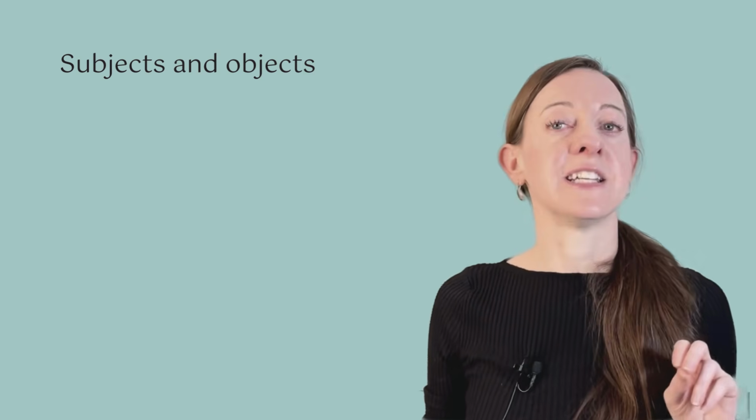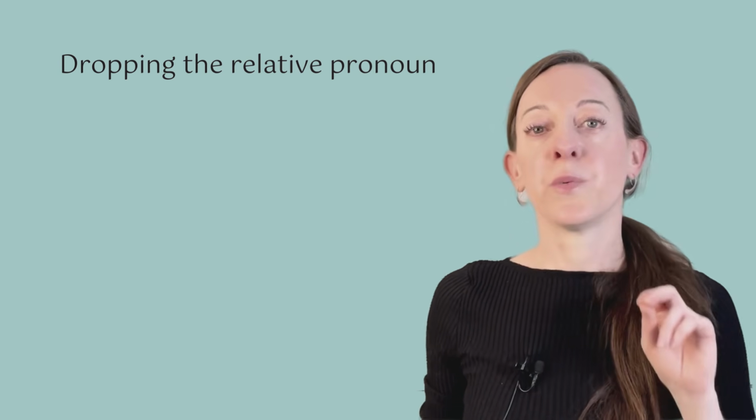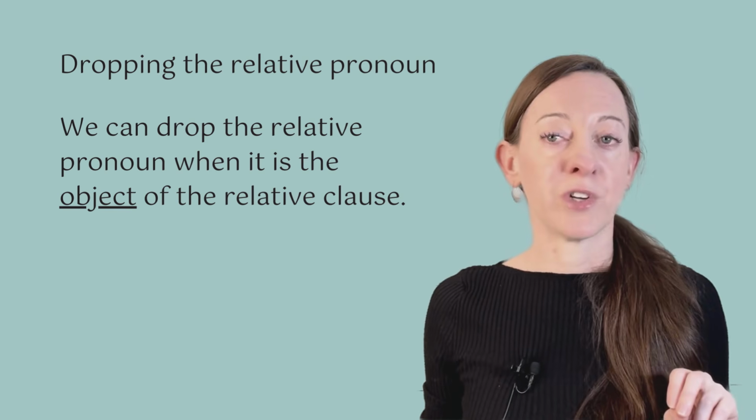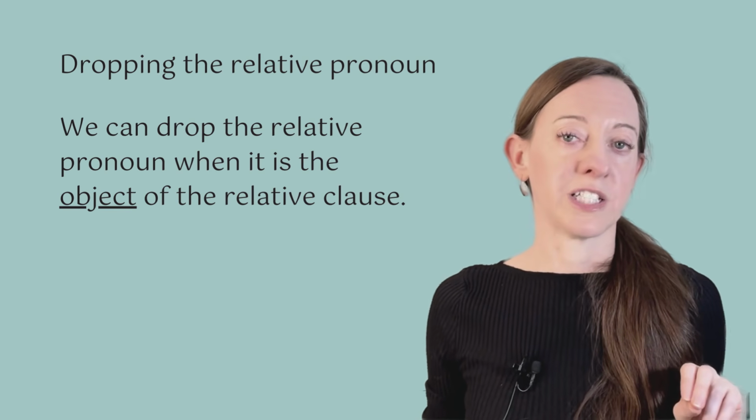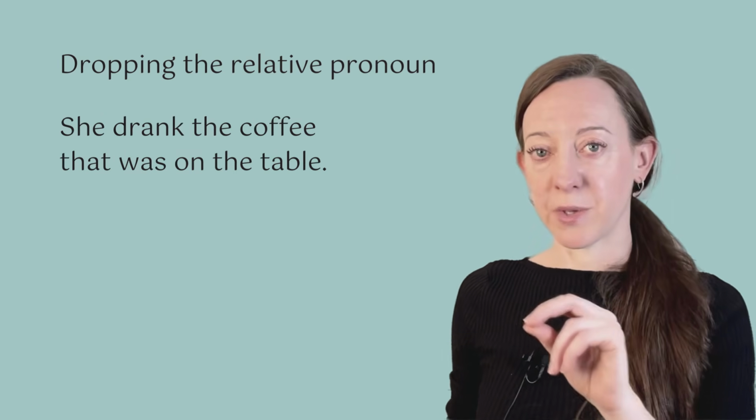There are a few reasons why we need to know if the relative pronoun is the subject or the object of the relative clause. The first reason is that sometimes we can drop the relative pronoun. But we can only do this when the relative pronoun is the object of the relative clause. She drank the coffee that was on the table.